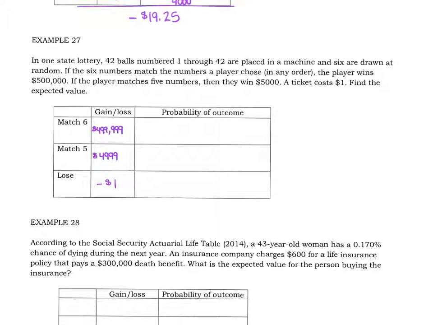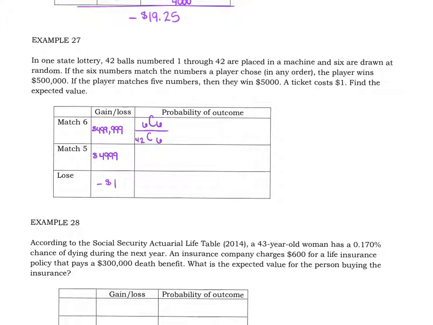Now, how do we find the probability of that outcome? If they're going to match all 6 numbers, the numerator is going to be, out of the 6 winning numbers, they happen to have all 6 on their ticket. The denominator is how many different sets of 6 numbers could have been chosen in order to win this lottery. So 42 numbers, choose 6.